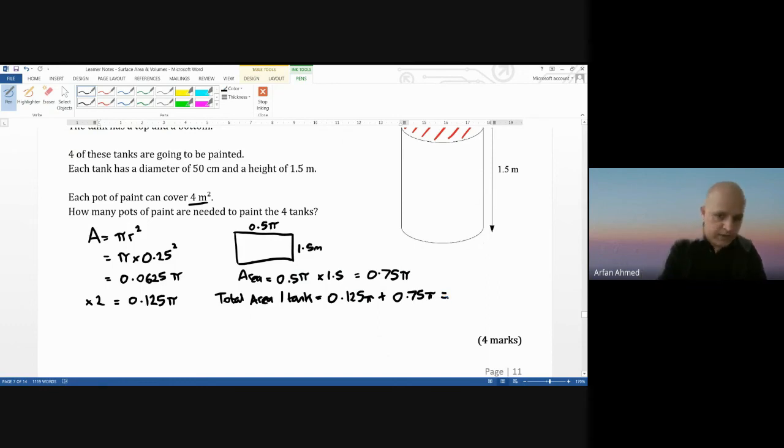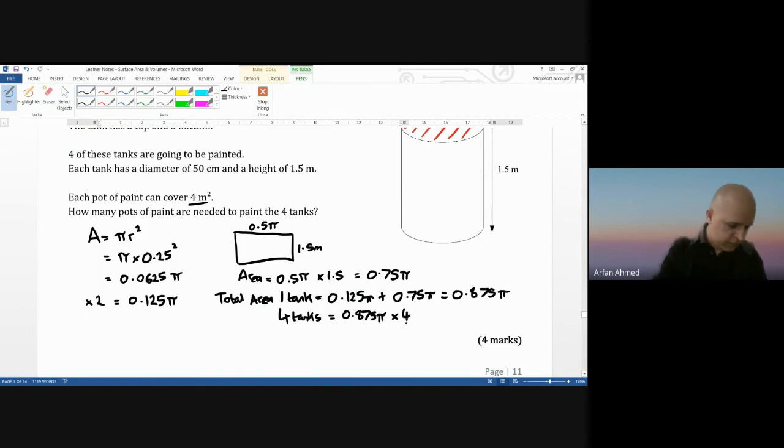Let's work this out. In terms of pi, that plus 0.125, I get 0.875 pi. Okay, that's for one tank. For 4 tanks, it's going to be 0.875 pi times by 4.